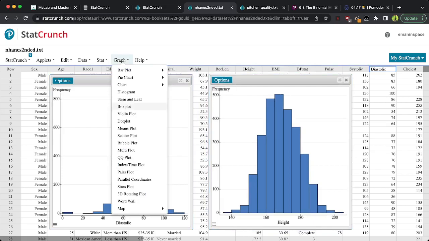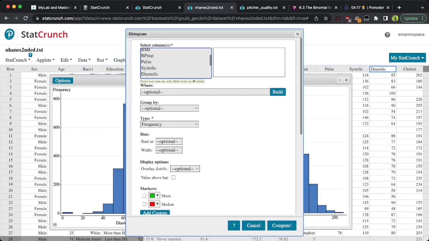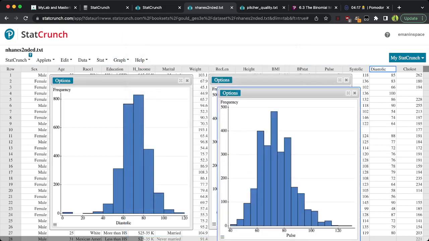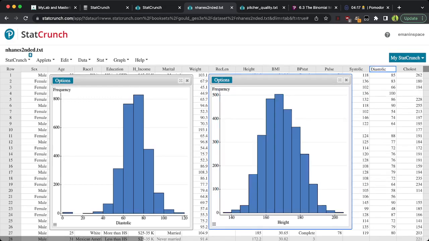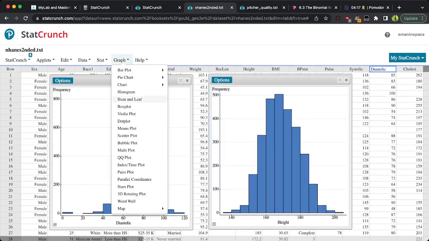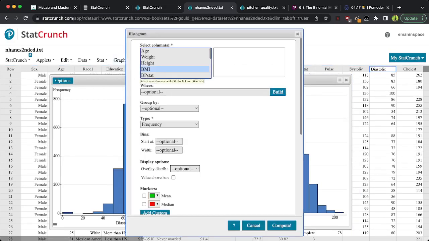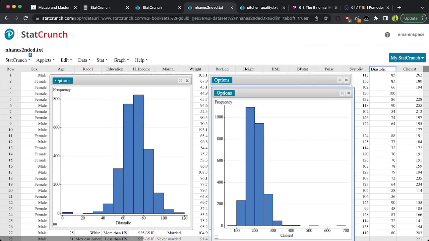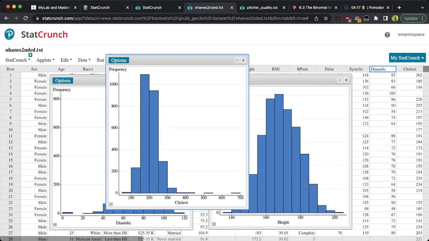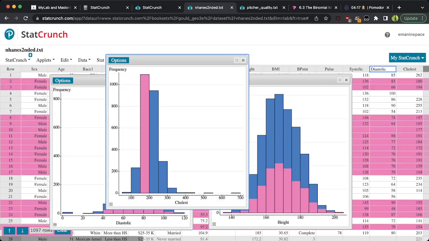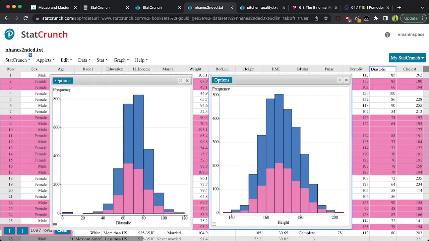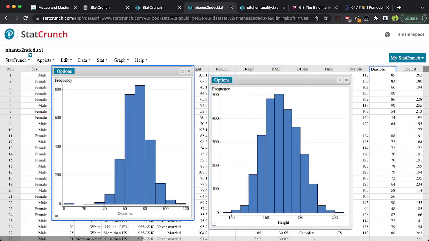Let's do cholesterol. Graph, histogram. Cholesterol. And if you were to ignore these outliers over here, again, definitely unimodal, fairly symmetric. These are pretty good examples of normal distributions.